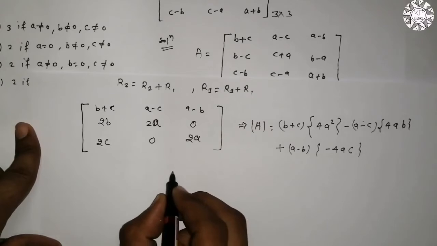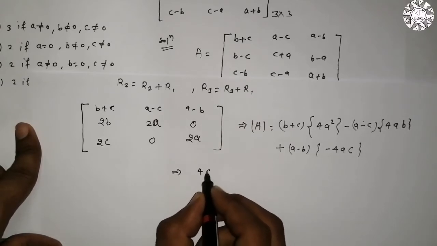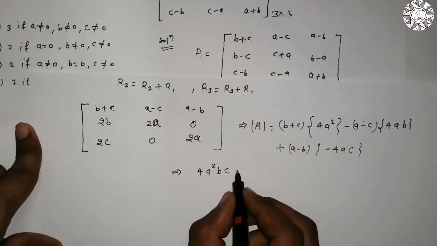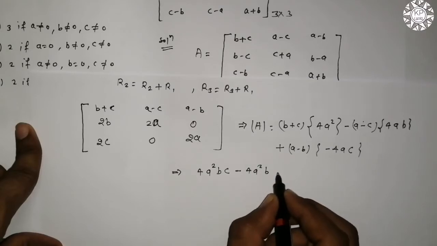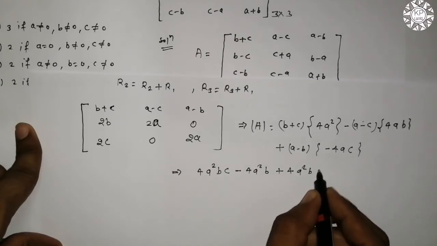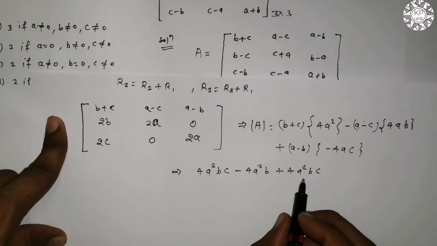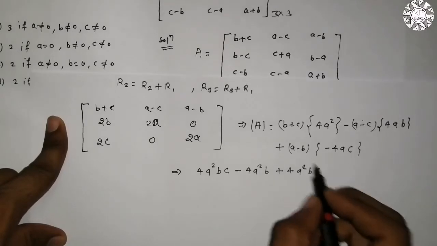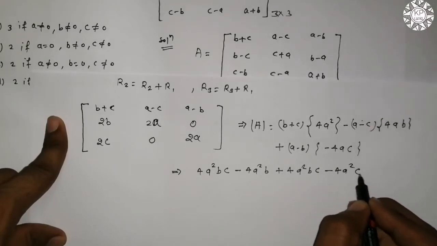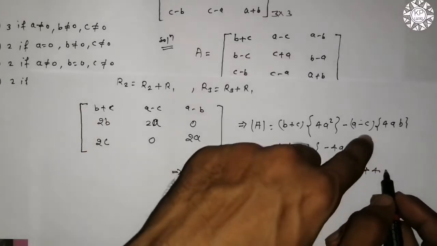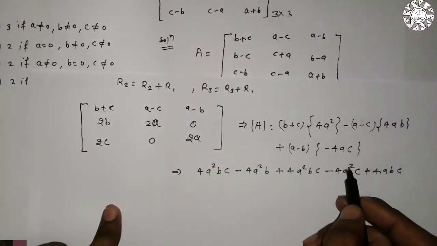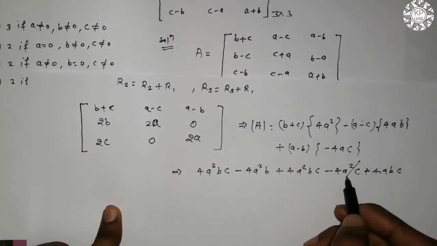Simplify: 4a square bc minus 4a square b plus 4a square bc and minus 4a square c plus 4abc, 4a square c.